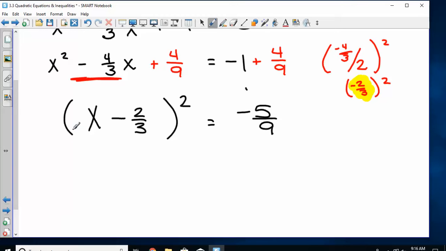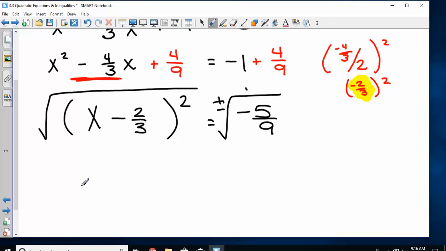To get rid of a square, square root, plus and minus. So I have x minus 2/3 equals plus and minus square root of -5 over 9. I radical 5. Square root of 9 is 3. You pull the I out front.